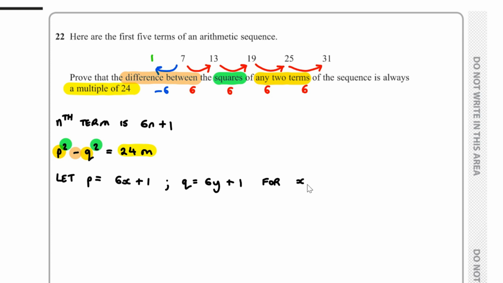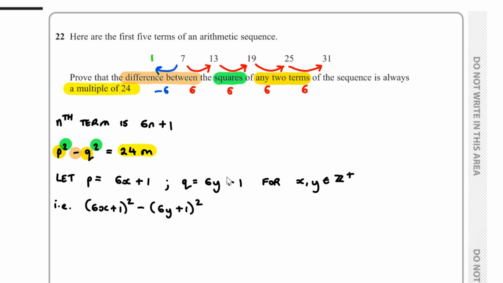So x and y belong to a set of integers, positive integers here actually. So let's find the difference. We've got 6x plus 1 all squared minus 6y plus 1 all squared.